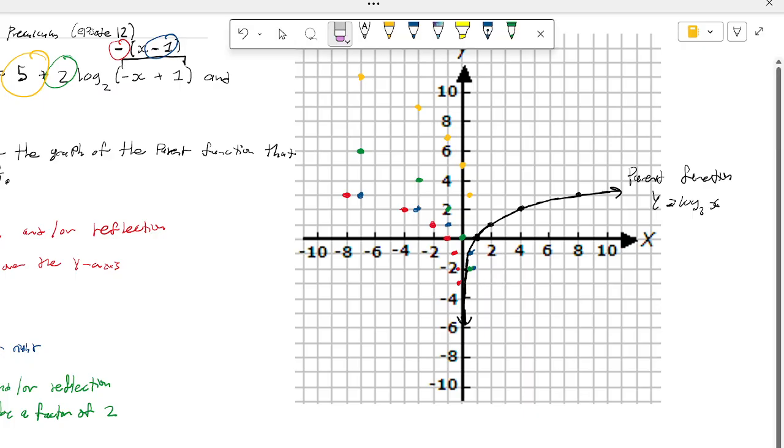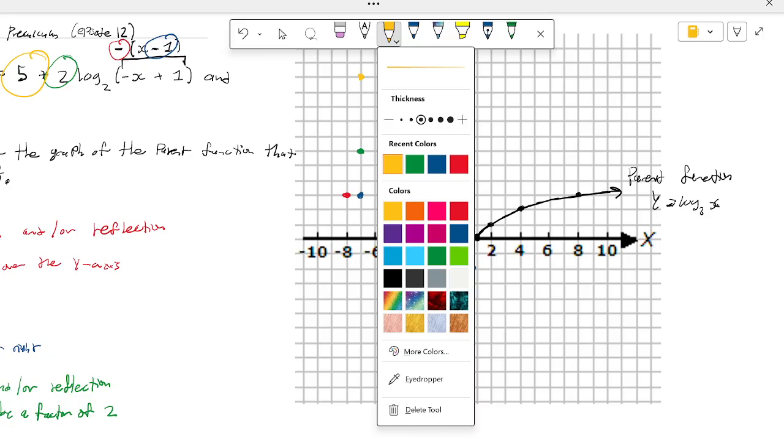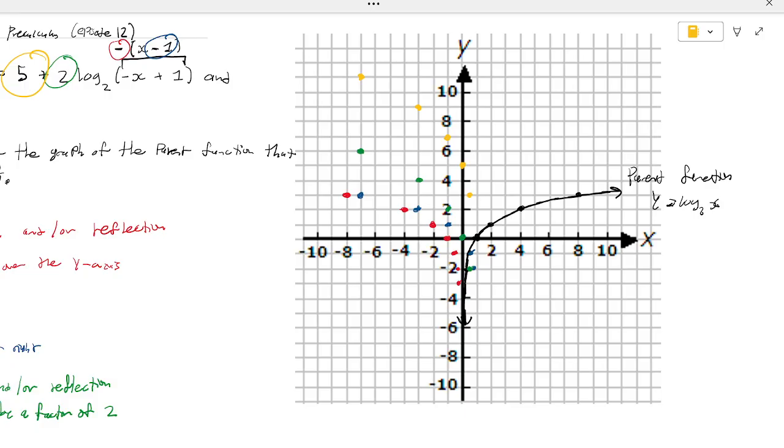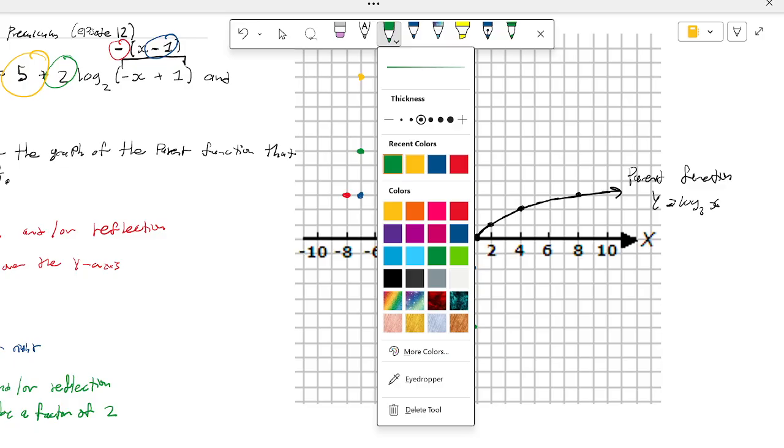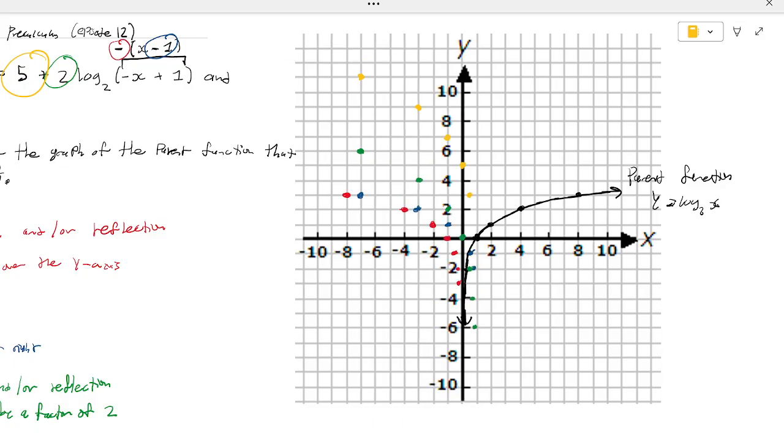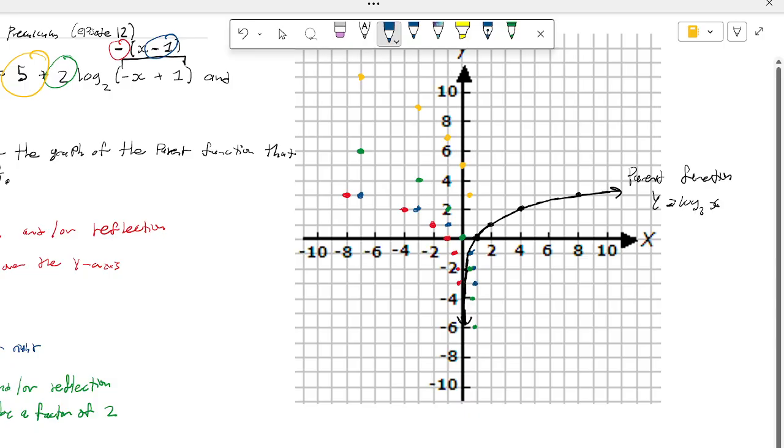Okay, what I wanted to do is I wanted to have this green point here be, so notice that negative 2 is going to get stretched down to negative 4. My apologies. Let me just put that blue point back. Okay. Alright, continuing on.